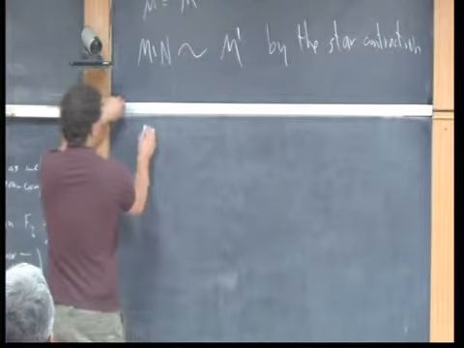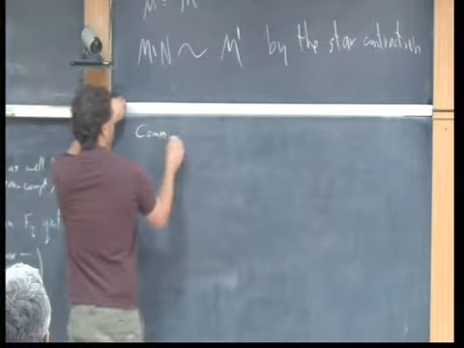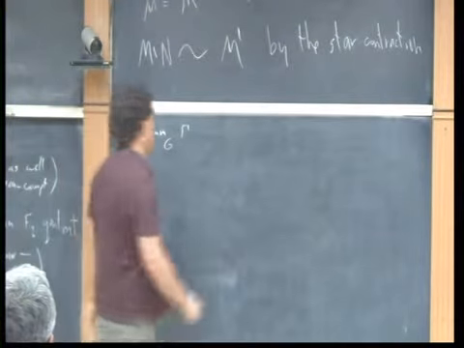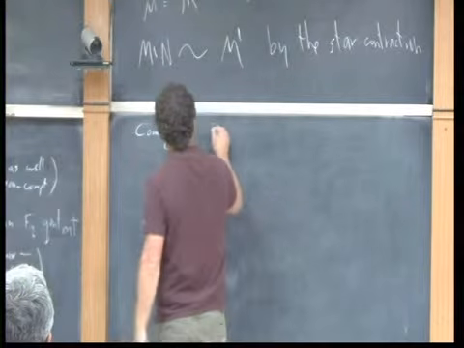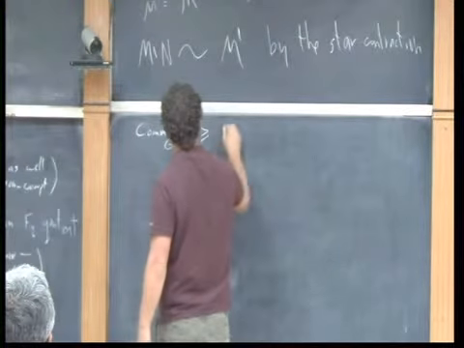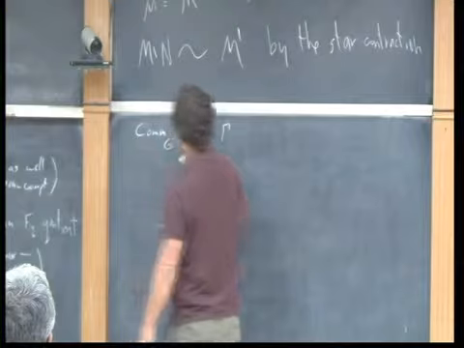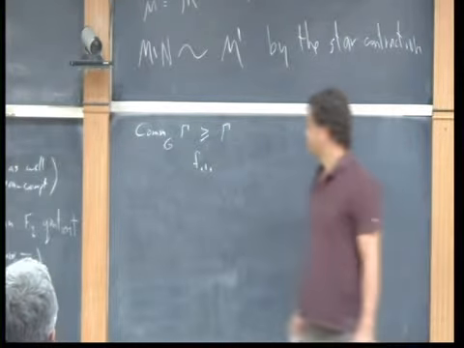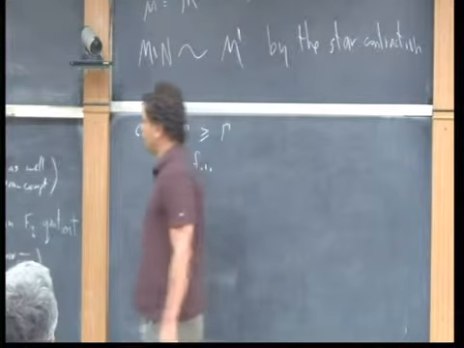We know that the commensurator in G of gamma, where G is SO(n,1), contains gamma as a subgroup of finite index. So this is again a lattice, a maximal lattice.